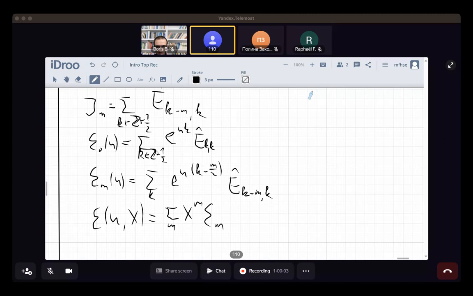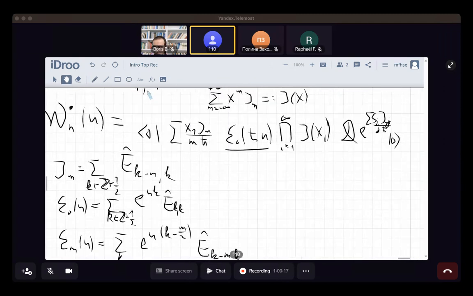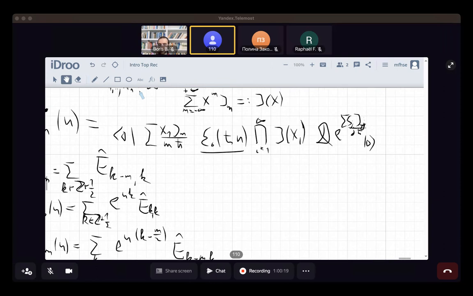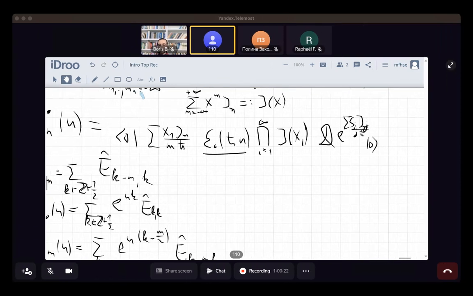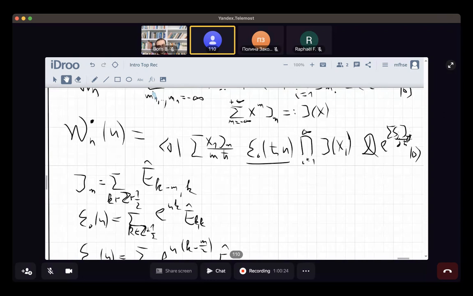These operators, curly E, we used them when we studied, remember we had this bold J, and we expressed them in terms of those operators E when we obtained the formula which we used in order to obtain our explicit formula. So now look back here in the definition of curly W. The thing is that we have plugged in here E of HU. Okay? That's the main difference there.